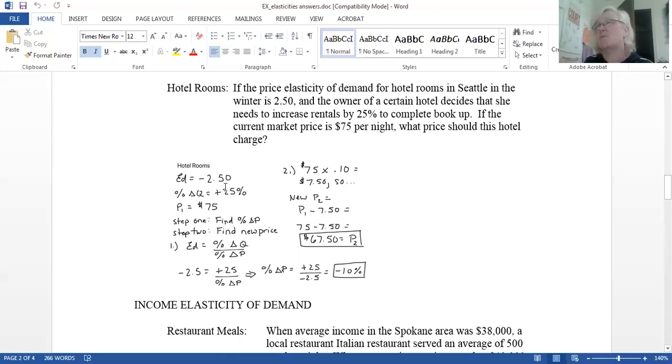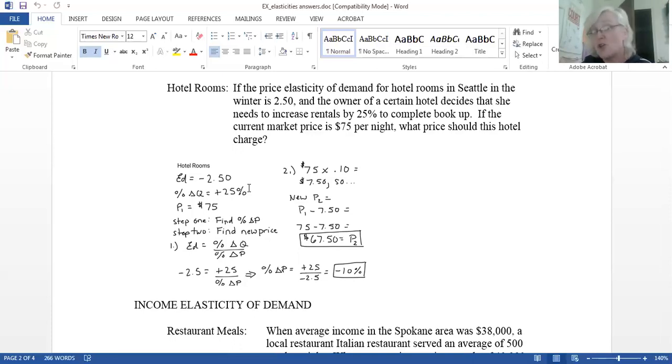And I realized, okay, well, the first thing I have to figure out is, given my general formula, how much is price going to change? So the first thing I have to figure out, step one, find the percentage change in price. I have the percentage change in quantity. I have the elasticity. So the general formula, there's 3 possible unknowns at any point in time. If the general formula says the elasticity of demand is equal to percentage change in quantity divided by percentage change in price, as long as I know any 2 of those 3 things, I can solve this problem.